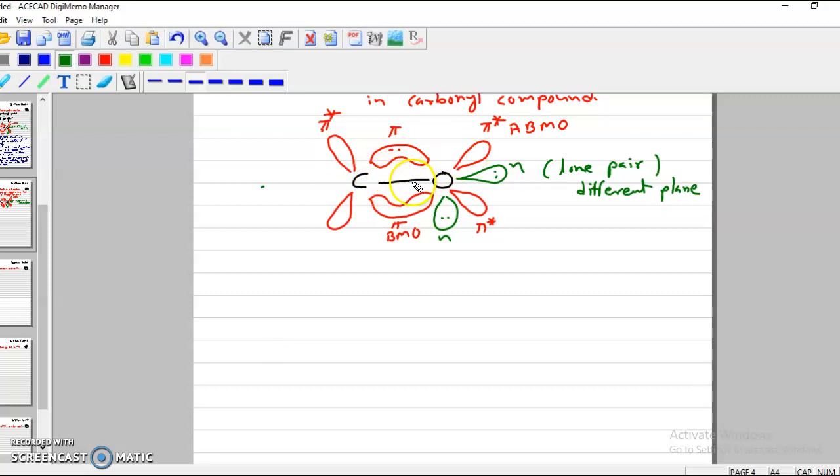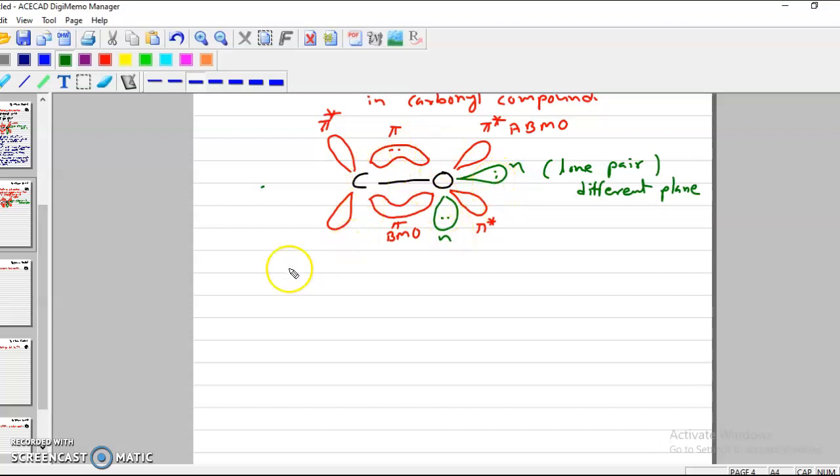In the carbonyl group, there is one sigma bond. At present we are not interested in the sigma bond because we are discussing UV visible spectra, having a range of 200 to 800 nanometer, in which sigma to sigma star transition is not allowed. So for us the most important are pi bonds and n orbitals.